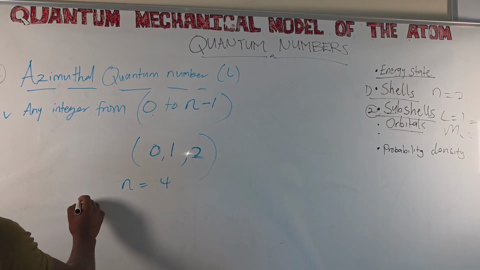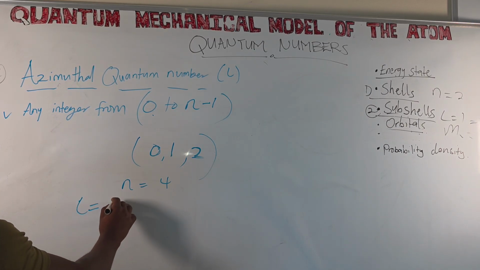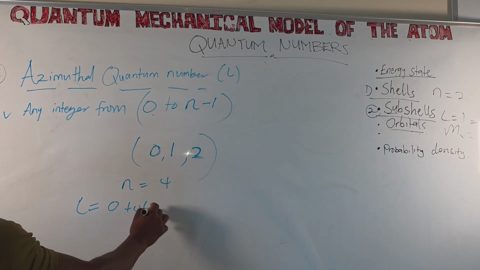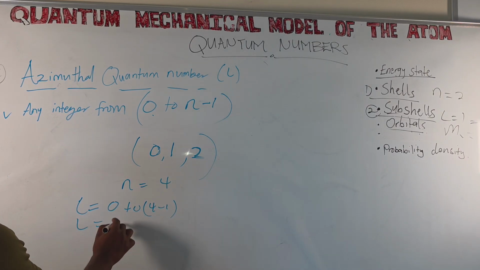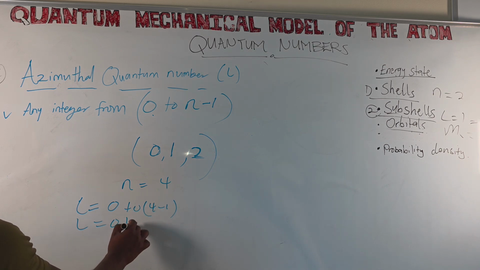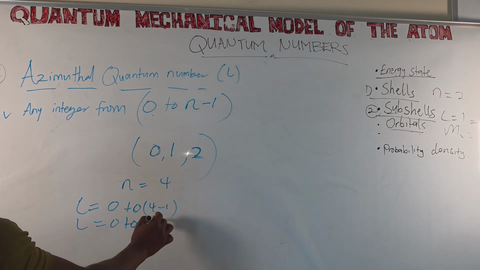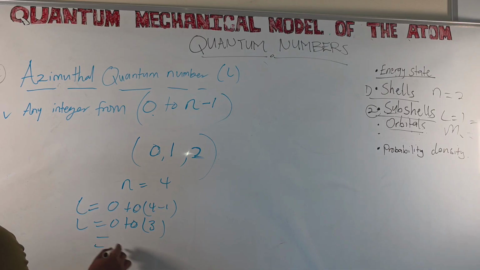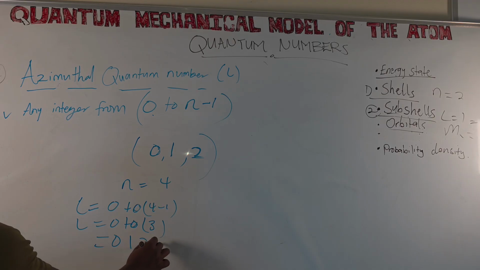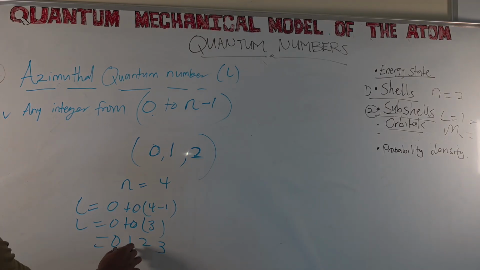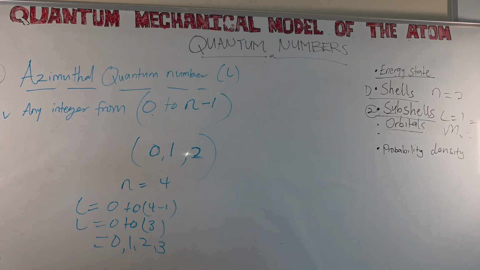So the azimuthal L will be 0 to 4 minus 1, which is 3. And from that point we get 0, 1, 2, 3. So that is how you get it.